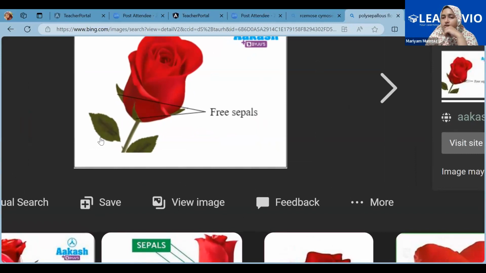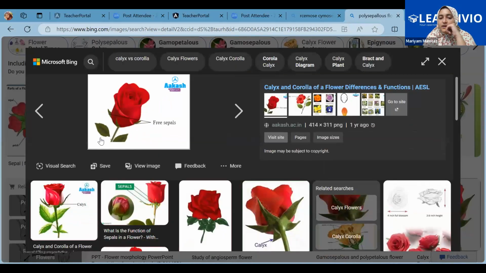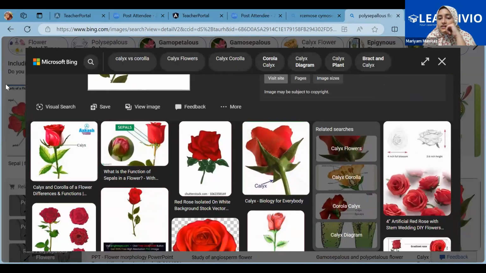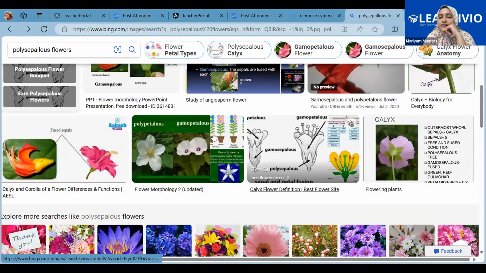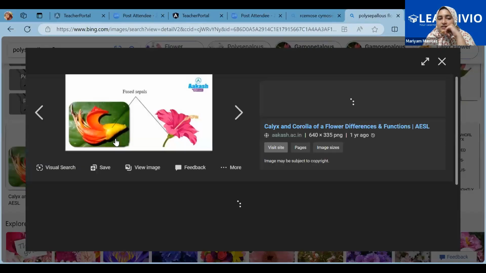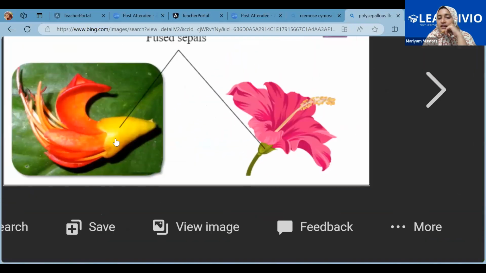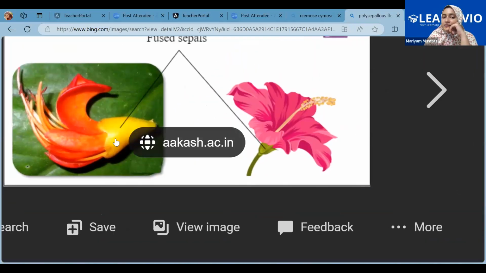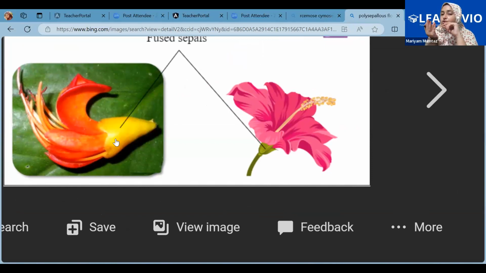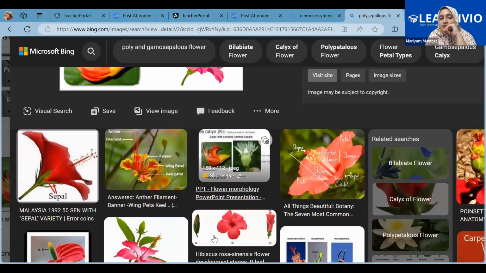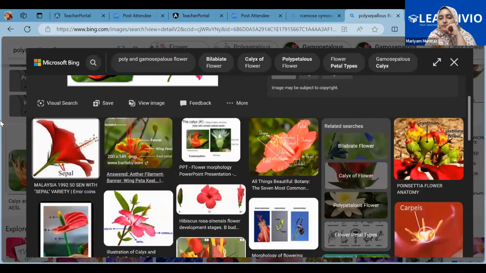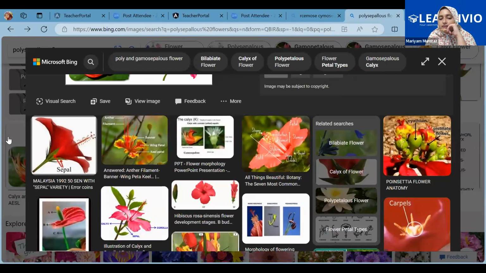So that is what the polysepalous condition is. But when the sepals are not separate, when you can't make them out, just like in the case of hibiscus, the China rose. This is the sepal, but you can't pluck one out. So that becomes gamosepalous. Sepals, you understand, right? The green portions below the flower, below the petals. So that is sepal. Any doubts?